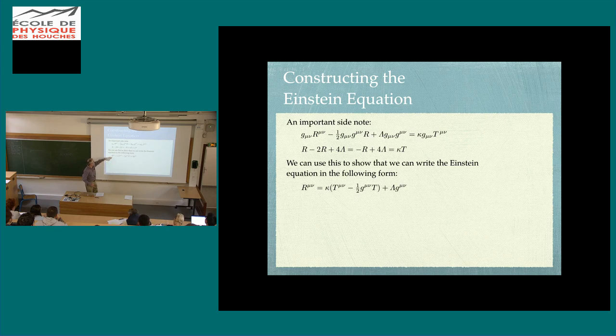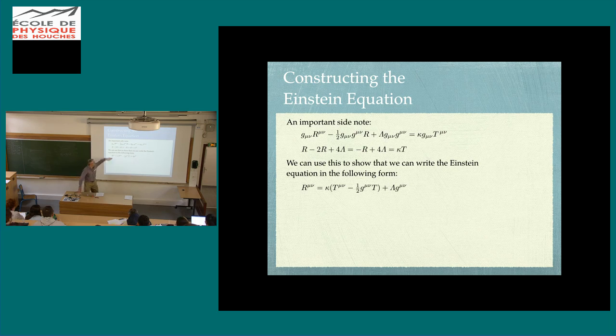And then you can show that if I subtract terms from both sides to put the Einstein equation in this form, instead of having extra complexity on the curvature side, I put the extra complexity on the stress energy side, and that makes it easier to solve.